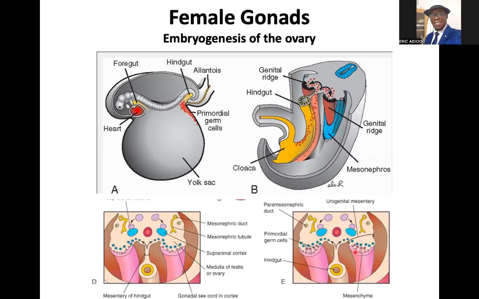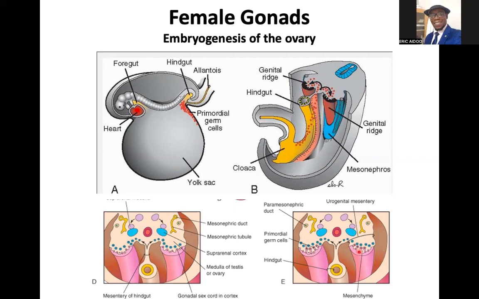What is important to note is that in the male, the primitive sex cord will remain, only the cortical portions will degenerate, but the medullary ones will be maintained and differentiated into seminiferous tubules with these primordial germ cells embedded in them. So the primordial germ cells are the ones that are going to start forming the spermatogonia.